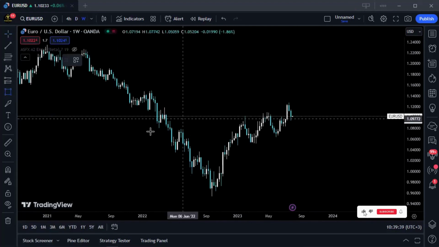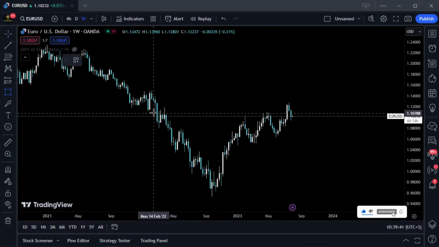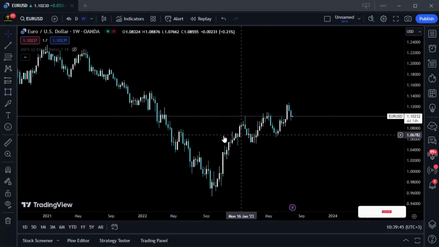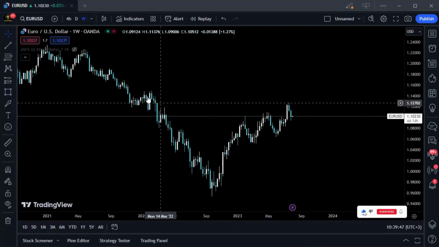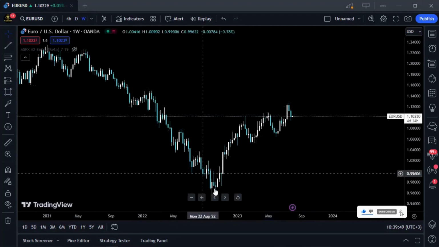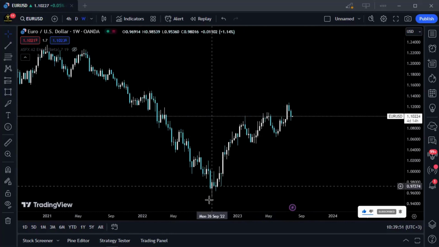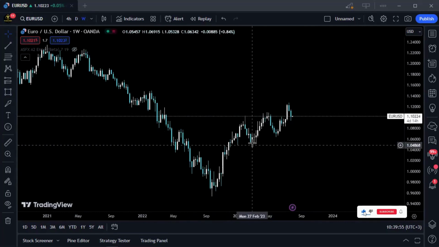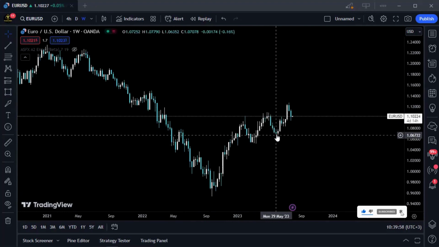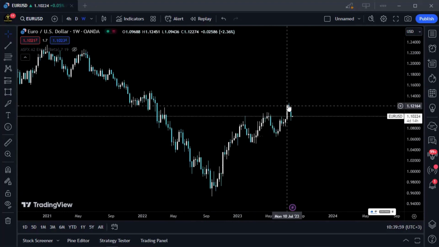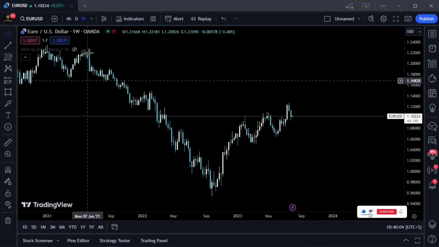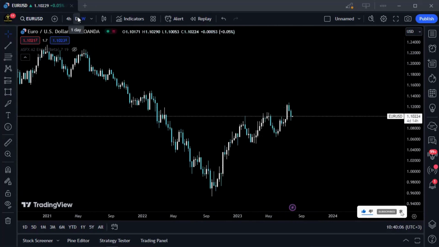However, with the current structure in play, we can see even on Euro USD, prices had a crazy downtrend, and then prices started creating an uptrend as we had this crazy bullish run, and then a retracement, another push higher, a higher low, and then a higher high, right? So there's a very high possibility of prices continuing to push higher. That's from the weekly perspective.